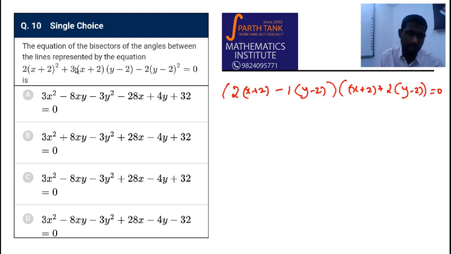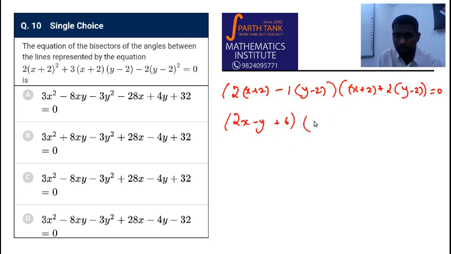You can factorize it otherwise also. You take x plus 2 common from here, or split this as 2 times (x plus 2) plus (y minus 2) plus (x plus 2) minus 2 times (y minus 2), however you want. So this becomes 2x minus y, and 2x plus 2 is 4, 2 times 2 is 4, plus 2 is 6.